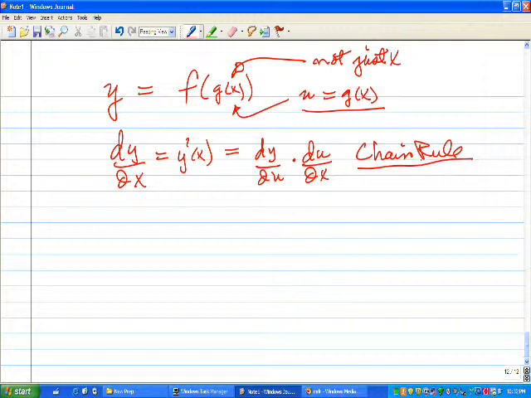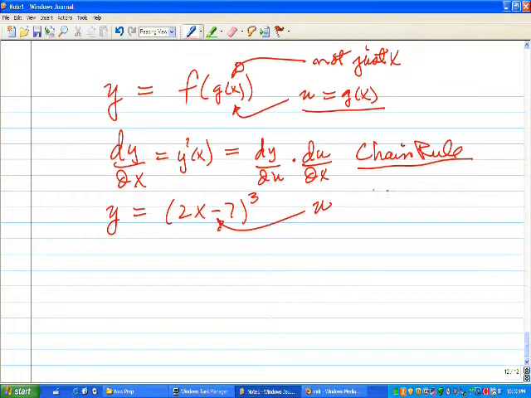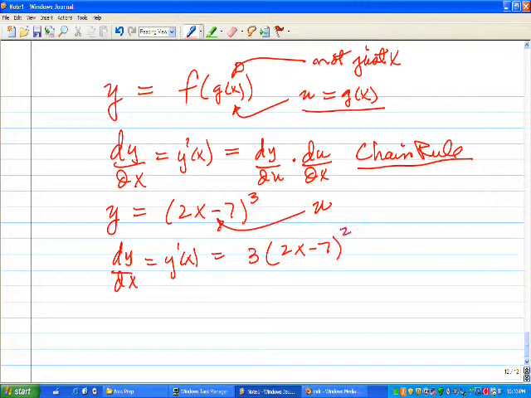So let's take a simple example. Suppose y is equal to 2x minus 7 to the third power. We would let this inner function, since it's not plain old x, call it u. And then we would calculate dy/dx equals y prime of x equals 3 times 2x minus 7 to the second power.